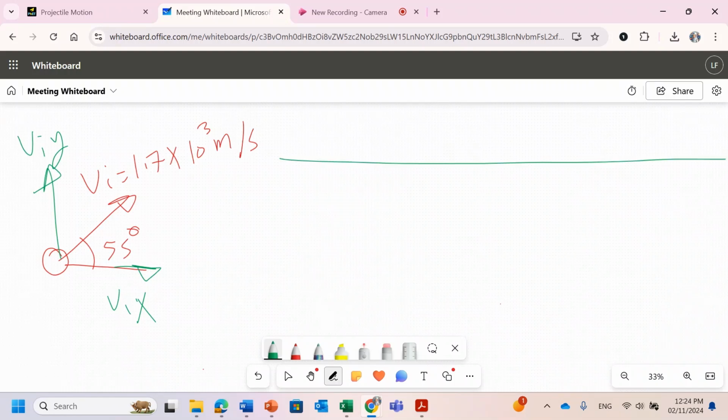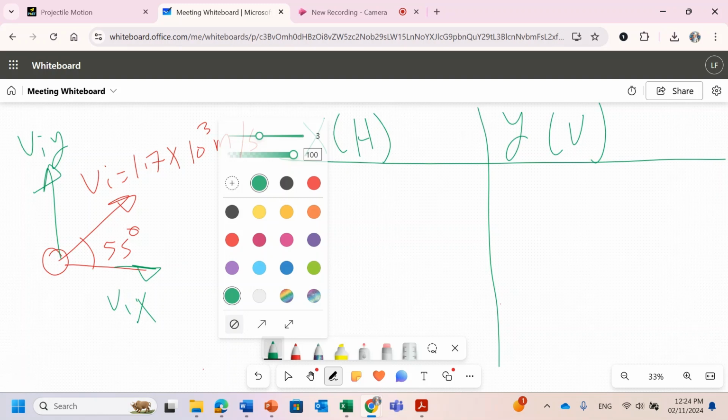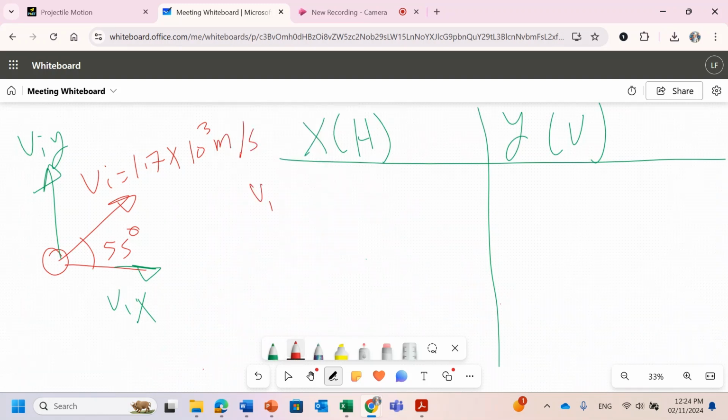So we will make this table, X for the horizontal motion, Y for the vertical motion. We said horizontal motion, we have only two equations. The first one: V initial in X direction equals V final in X direction, and this will equal V initial cosine the angle.